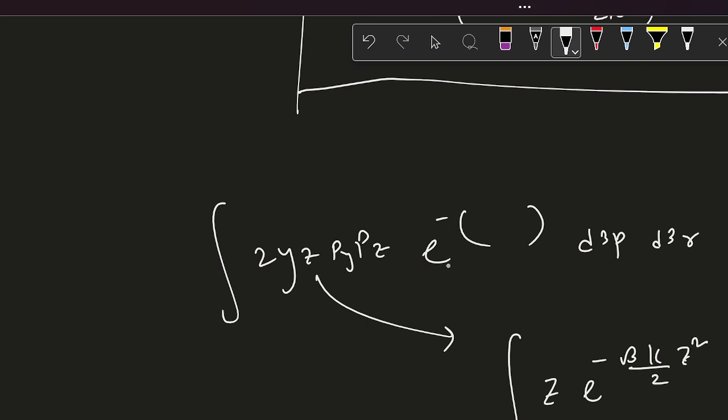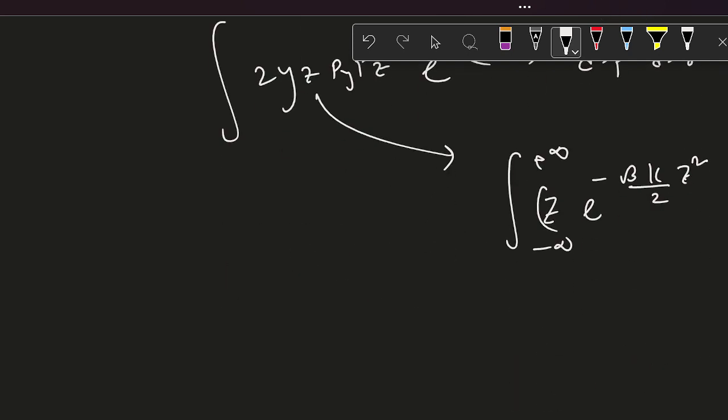No other terms have any z dependence. But you have y dependence in another term because the σ dot L term has a y px part, right? So if you only focus on the z dependence, this is the whole z part, nothing else depends on z here, and this is clearly an odd integral over a Gaussian, so this will give you a 0. So once one of the terms is 0, the whole product term becomes 0.